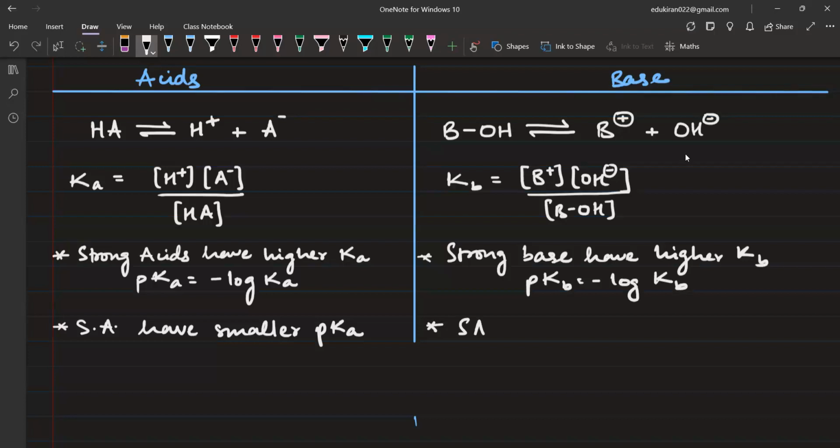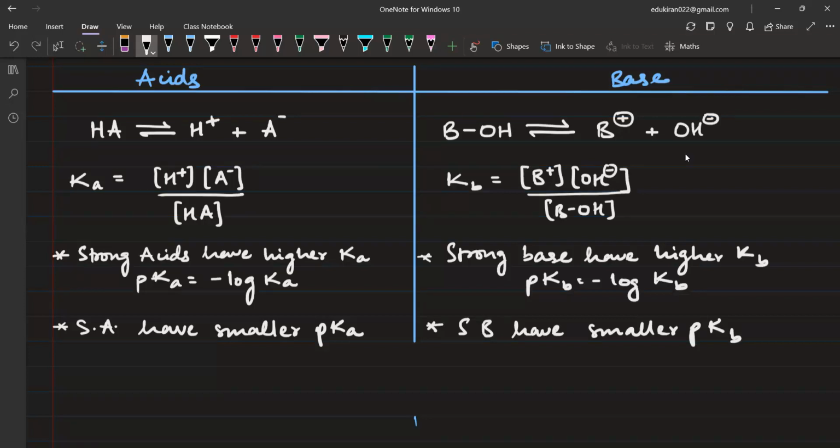And we can write strong bases have smaller pKb. ठीक है, pKb स्मॉल होगा इसका. ठीक है, this is about acids and bases का dissociation constant.